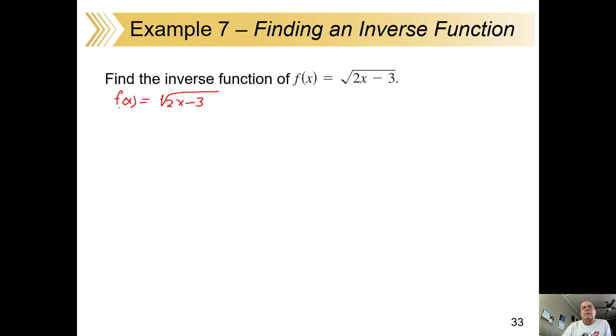Step number 1, f of x, remember, is the same thing as writing y. So that's the first thing to do. Copy everything else. All you're doing is writing the y. Why are you doing that? Because it's easier to write y than it is f of x a bunch of times. That's one reason.